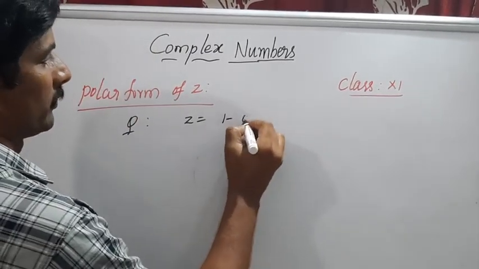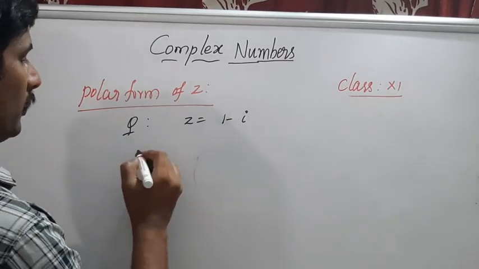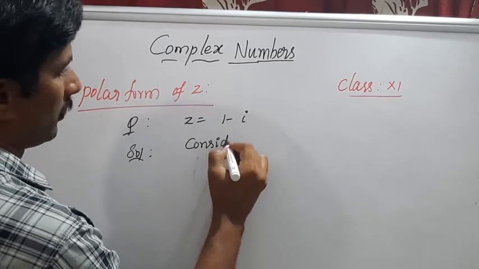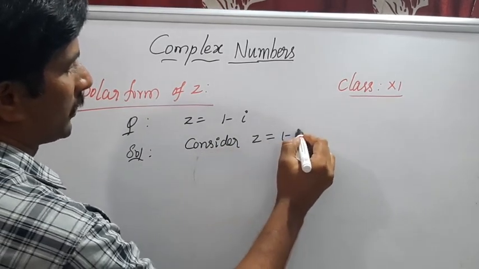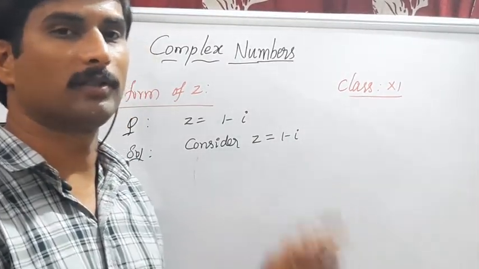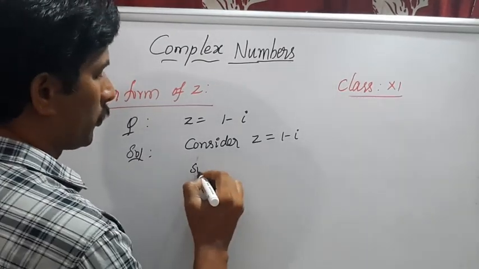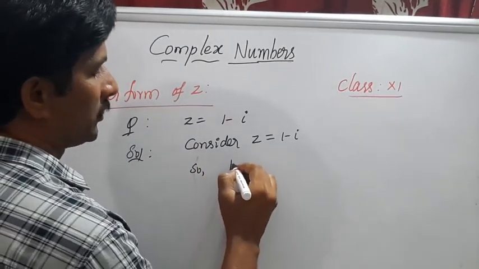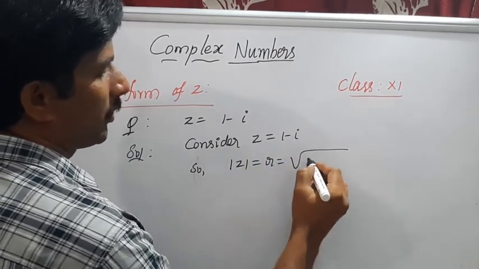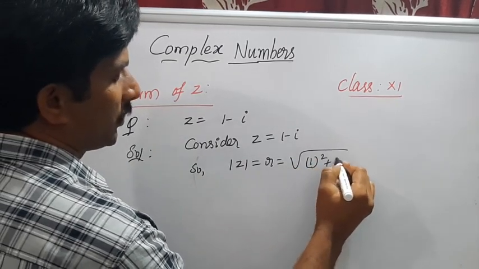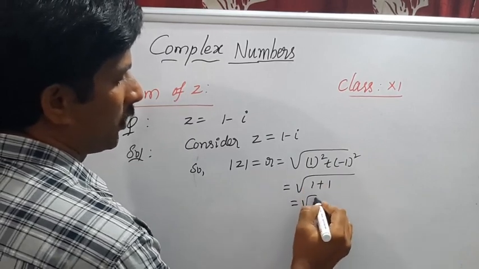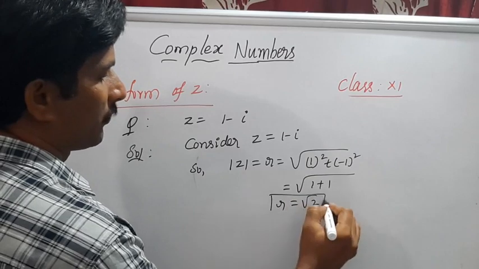Consider the given complex number z equal to 1 minus i. Here the real part is 1 and imaginary part is minus 1. So first of all I find the mod z value, nothing but small r, equal to square root of a square plus b square, with 1 whole square plus minus 1 whole square. Square root of 1 plus 1, that is equal to square root of 2. So r equal to square root of 2.